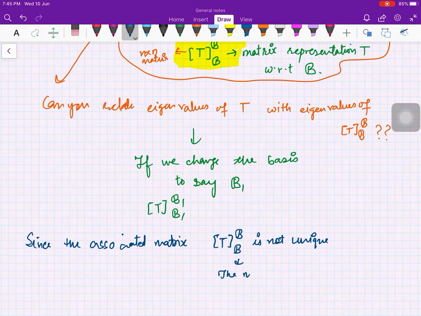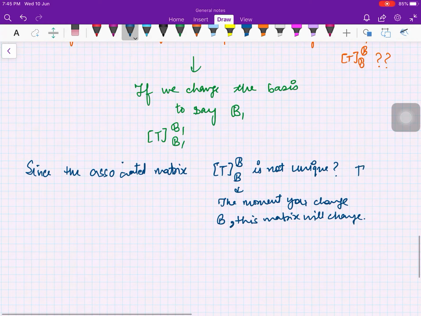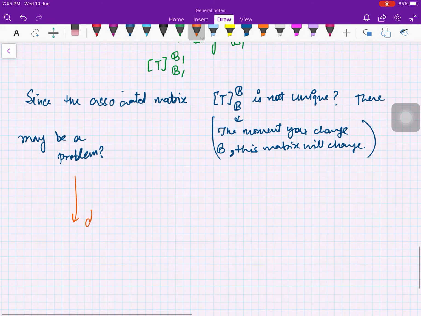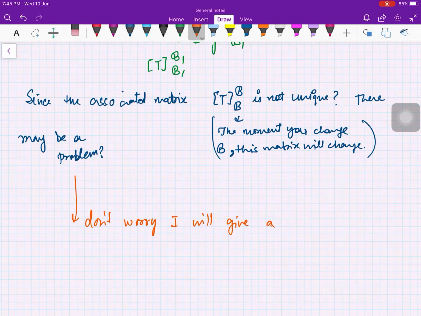The moment you change beta, this matrix will change. So there may be a problem. What to do? Don't worry, I'll give you a solution.